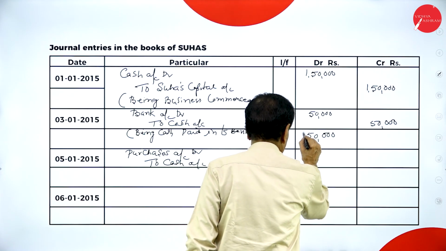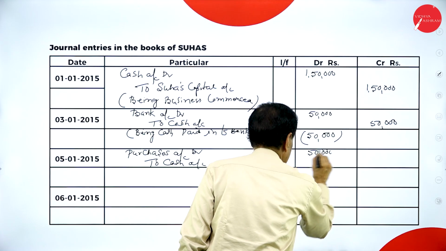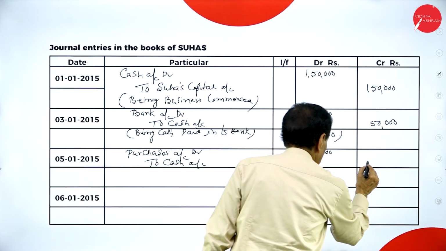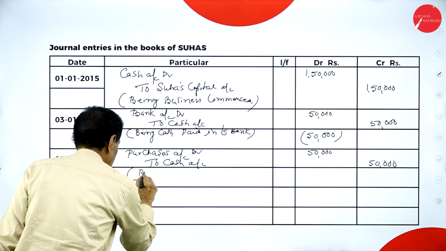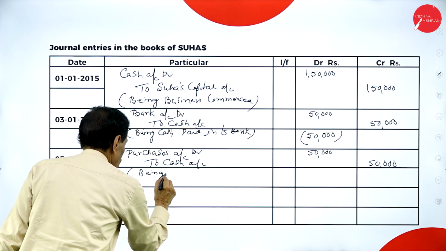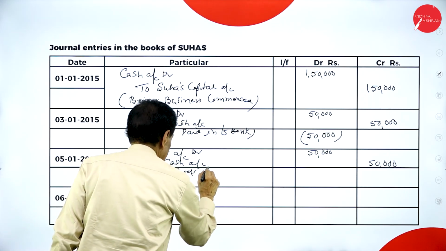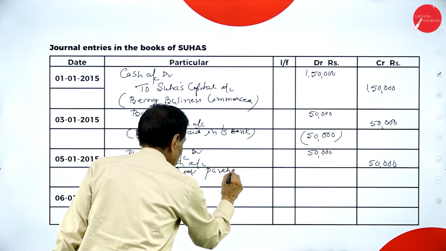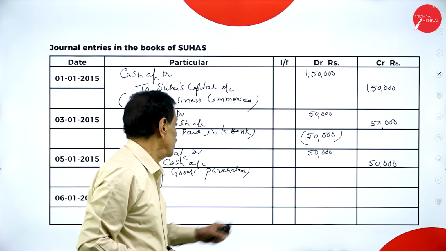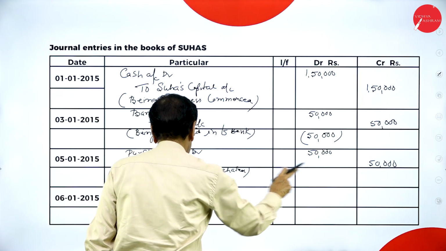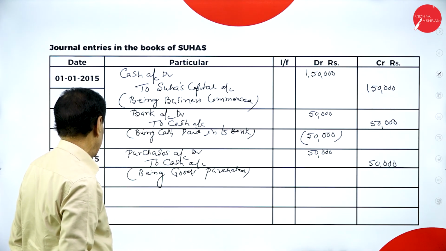Purchases account debtor, 50,000, to cash account, 50,000. Being goods purchased. What's the entry? Purchases account debtor to cash account, being goods purchased.